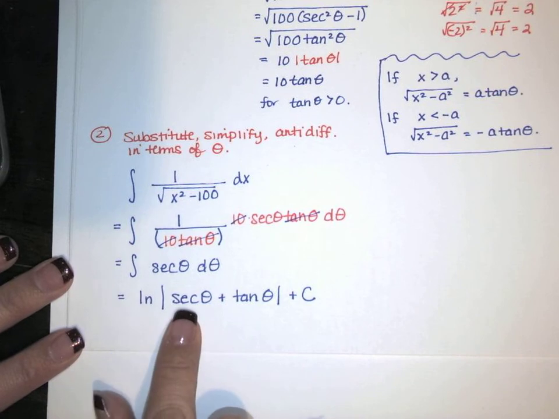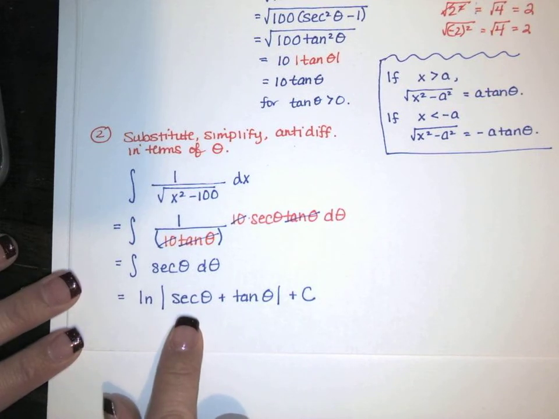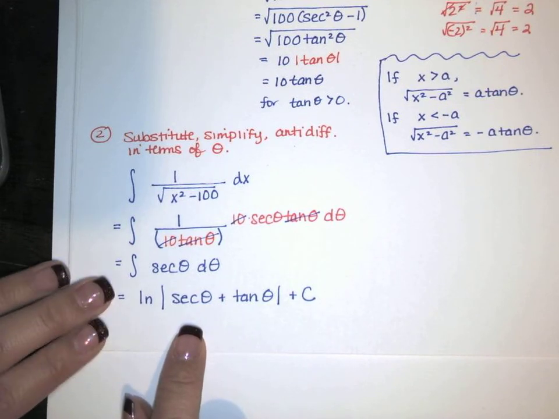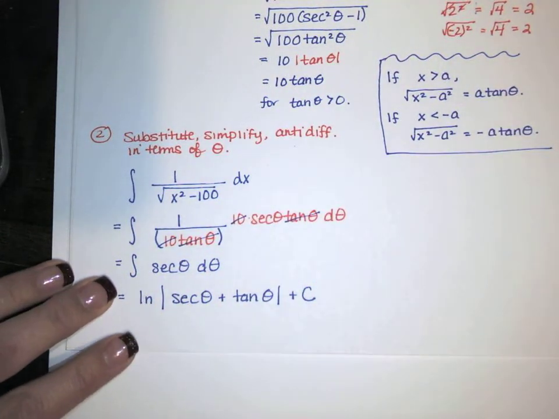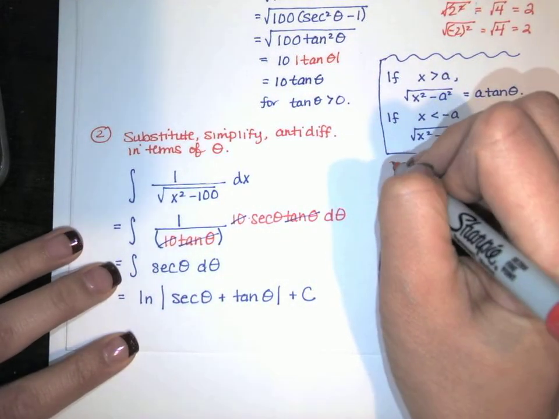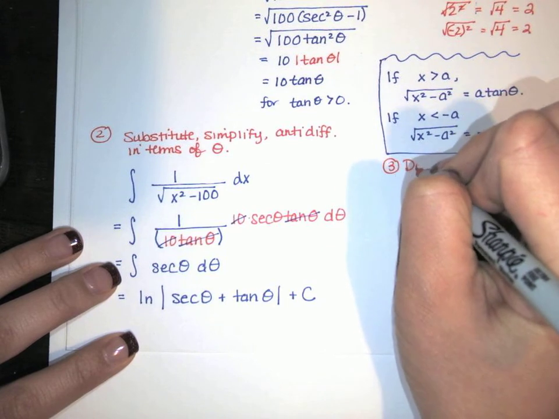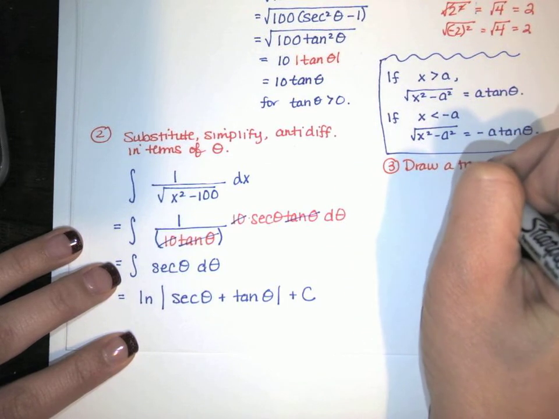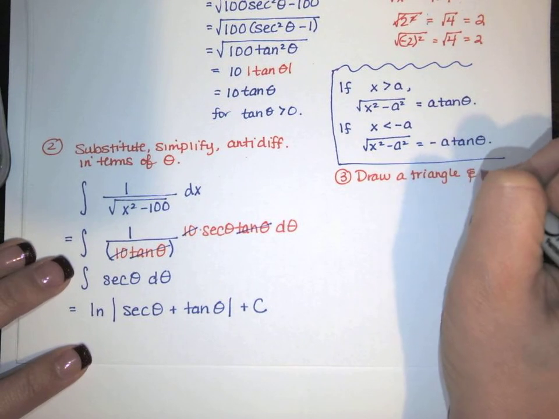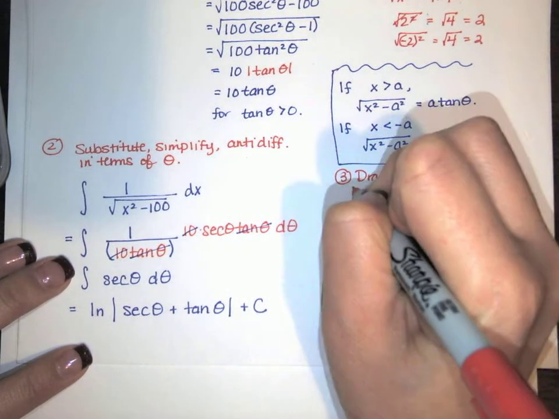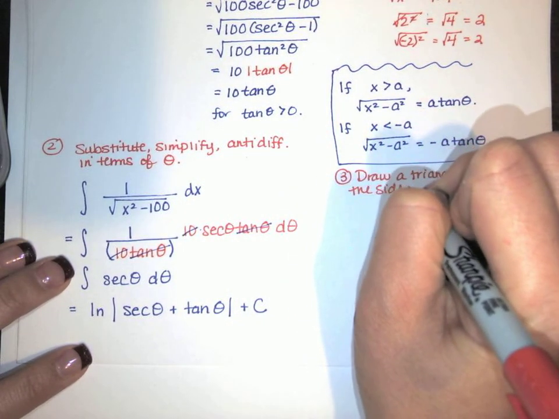Now I got to get back to x somehow. And the way we tend to get back to x after we prepare to substitute and simplify is we draw a triangle, and we label the sides using the original substitution.